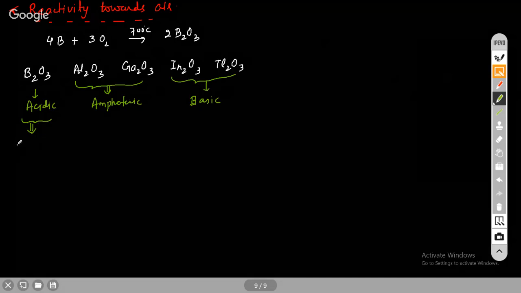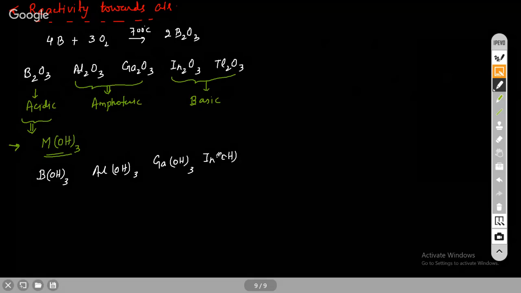Next line. These elements also form hydroxides of M(OH)3 type, and the acidity of these hydroxides also decreases as we go down the group.